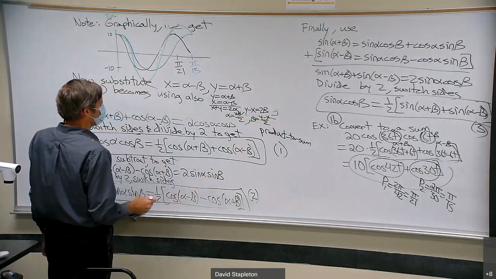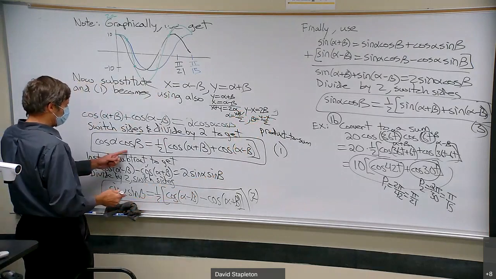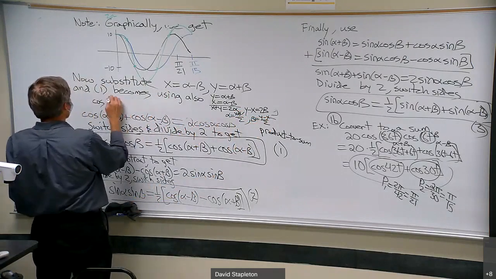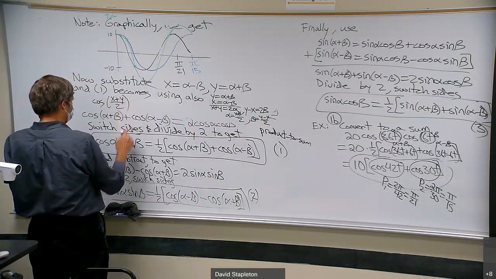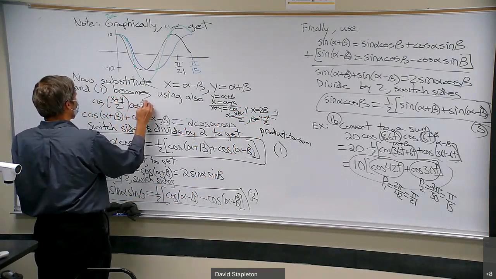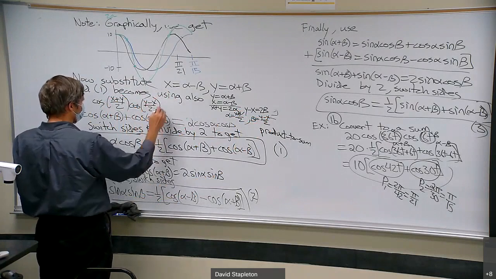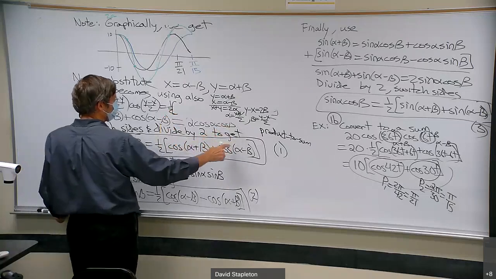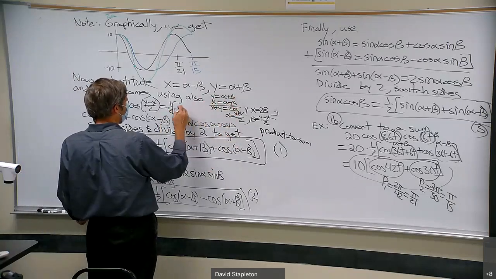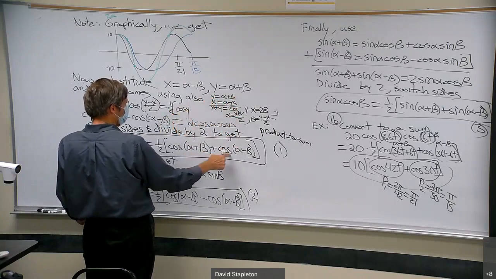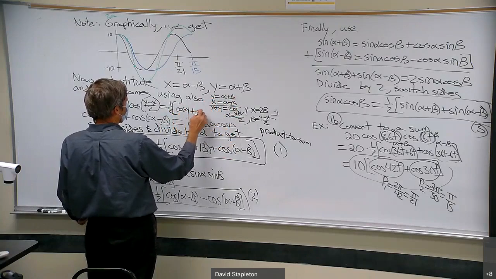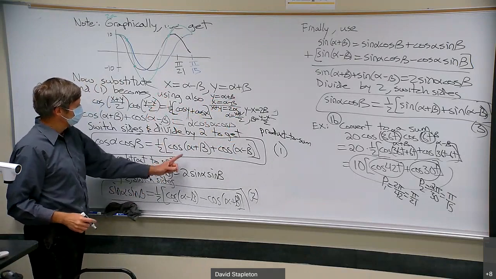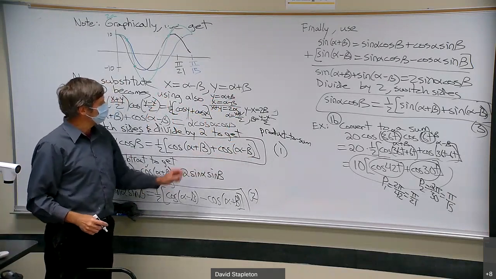And now equation 1 becomes cosine alpha, which is (x plus y) over 2, cosine beta, which is (y minus x) over 2, equals 1/2 of cosine alpha plus beta, which is y, plus cosine alpha minus beta, which is cosine x. So that's what equation 1 becomes by making the substitution: x is alpha minus beta and y is alpha plus beta.